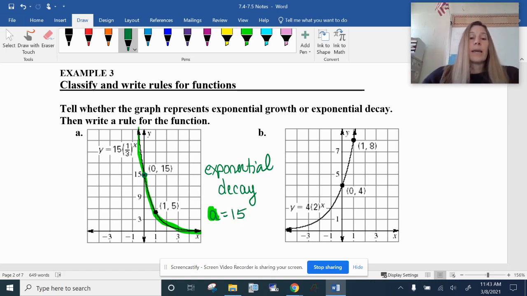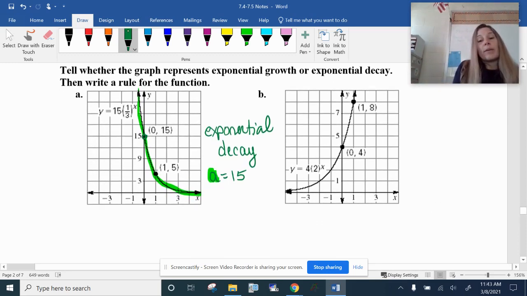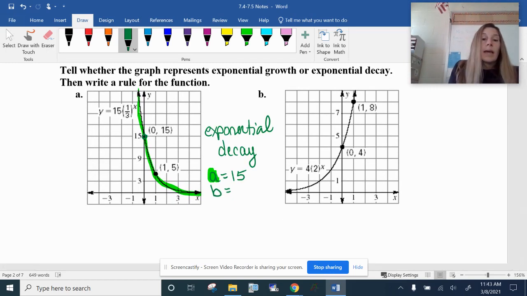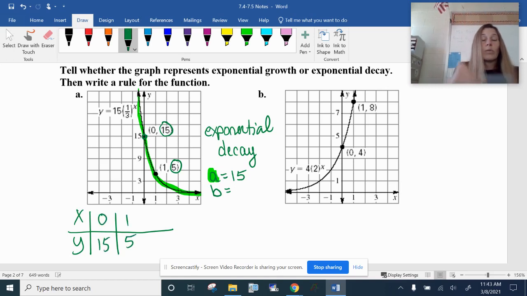Now, if you can tell from the graph that it is exponential decay, then that means that the B value has to be a number between 0 and 1. And if you look at these 2 points here, for me, it's a little bit easier to think of these as part of a table of values, right? So I have 0, 15, and then I have 1, 5. And you want to make sure you write them in increasing order.